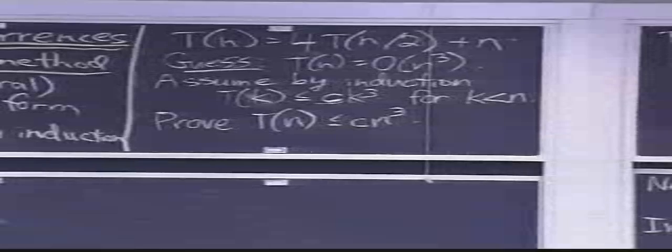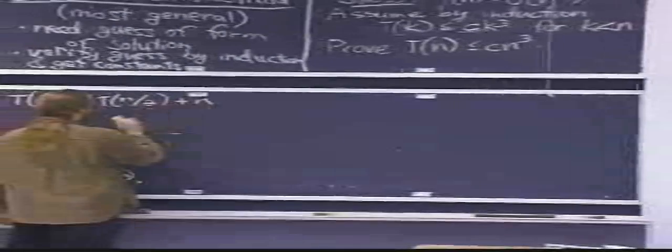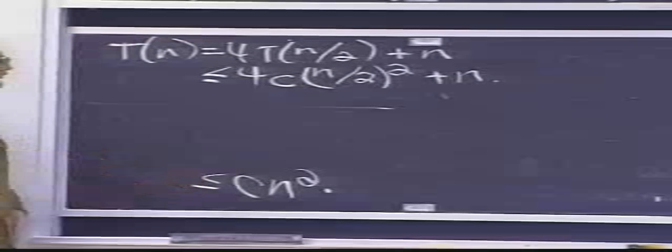The recursion tells us that T of n is 4 times T of n over 2 plus n. Now we have a stronger induction hypothesis, which says that that is at most 4 times c times n over 2 squared, instead of cubed. We want to prove that this is at most c n squared.